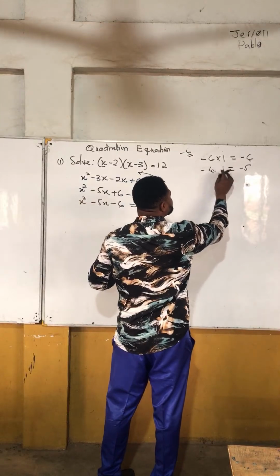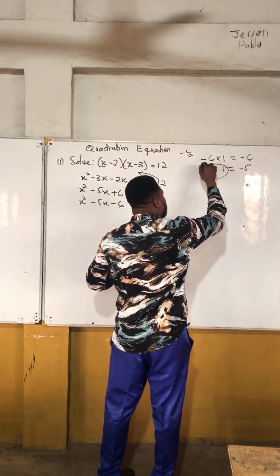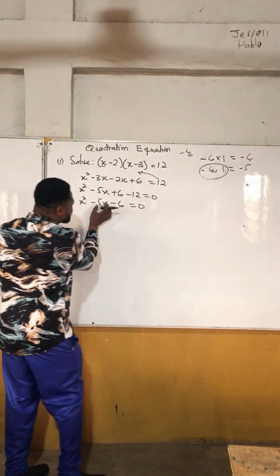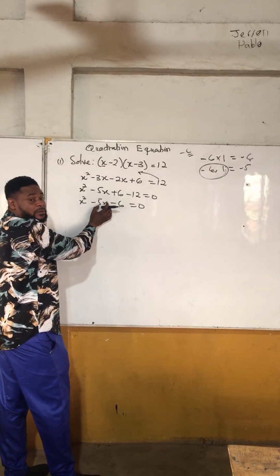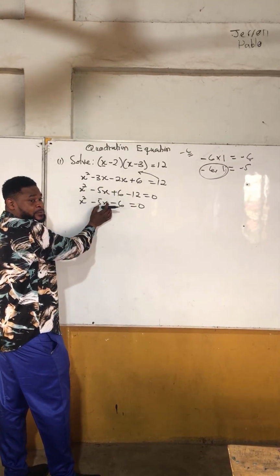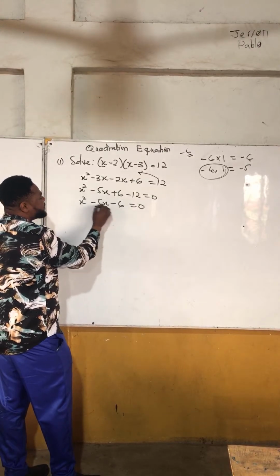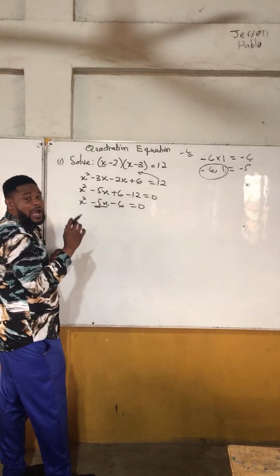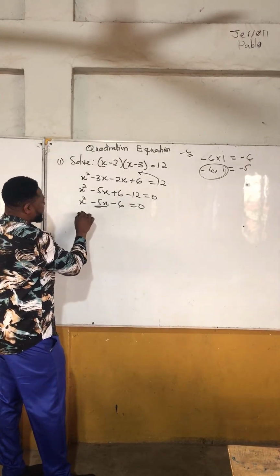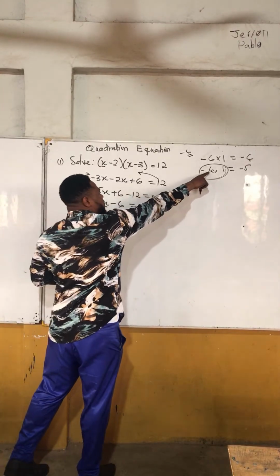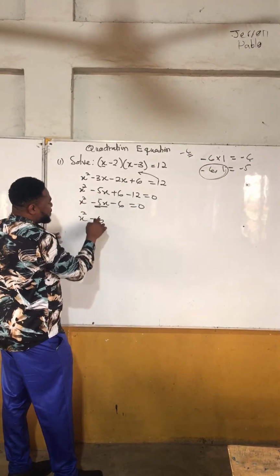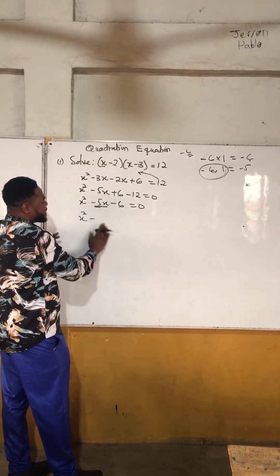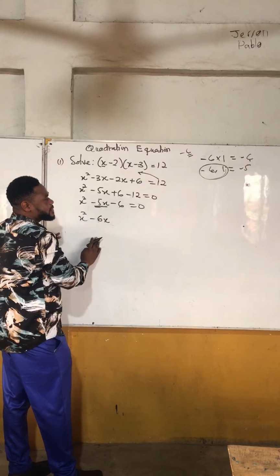Now, these two numbers, you move them to replace your negative what? 5. So anywhere we see negative 5x, we are going to put these two numbers there. So let's see how we can do it. We have x squared minus 6. But don't forget there's x here. So we say minus 6x.